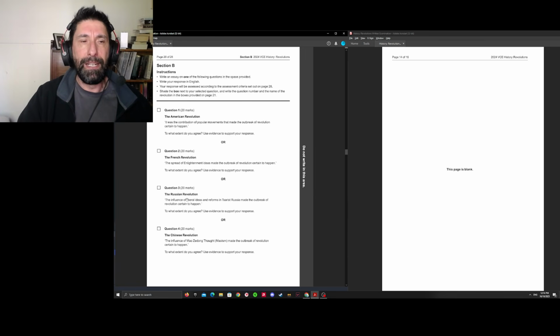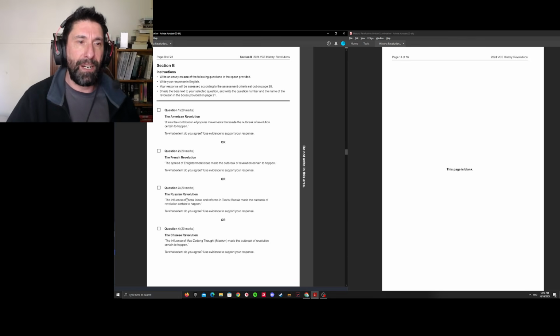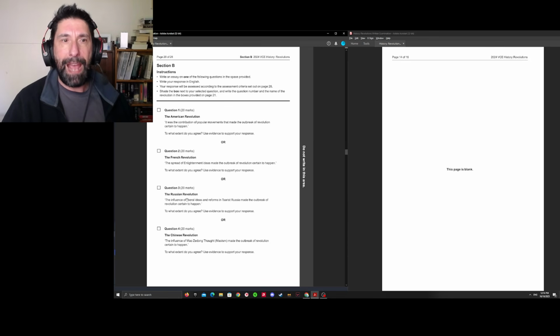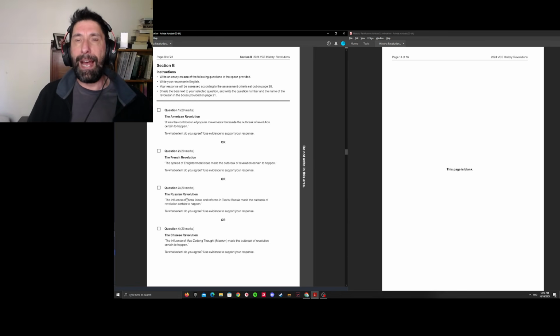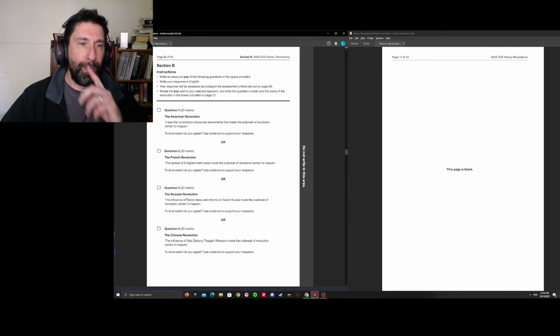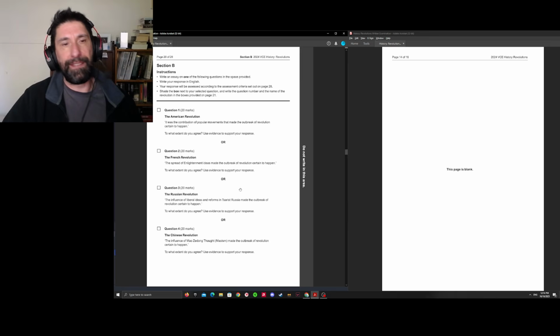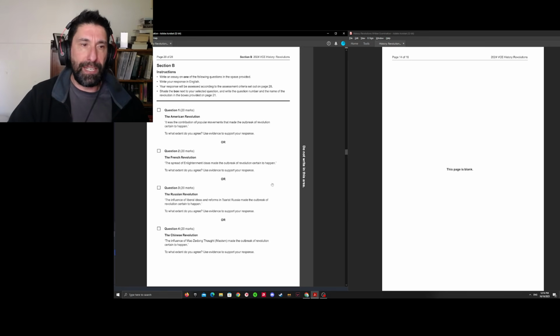You can't just say liberal ideas and reforms did not make the outbreak of revolution certain to happen, and then go on to the impact of World War I, or the Tsar and the Tsarina's relationship with Rasputin undermining their support within the aristocracy and for the Tsarist regime, and so on.